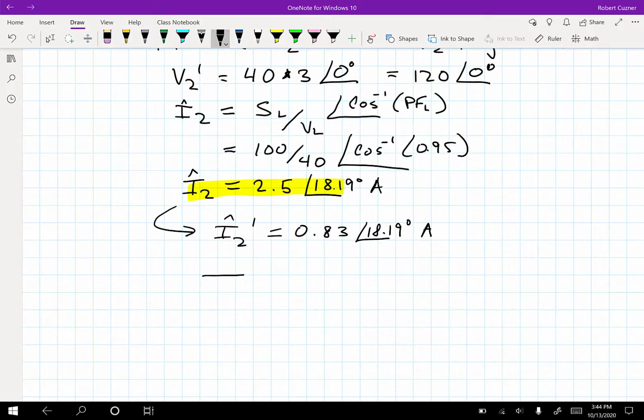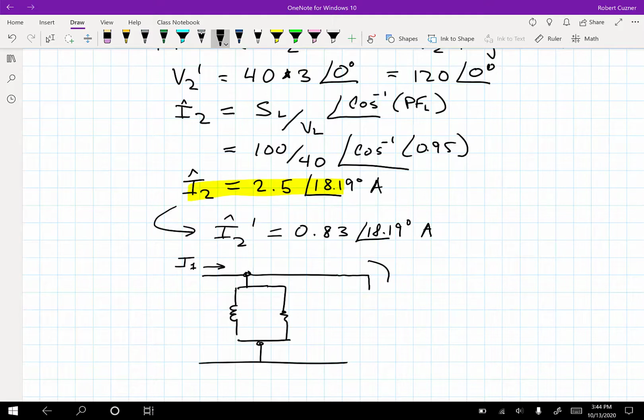So let's look at a part of our circuit. We have I1 coming into a node. We have a parallel branch here of XM and RC. And we have I2 prime here.